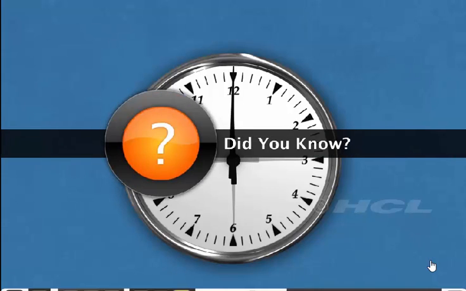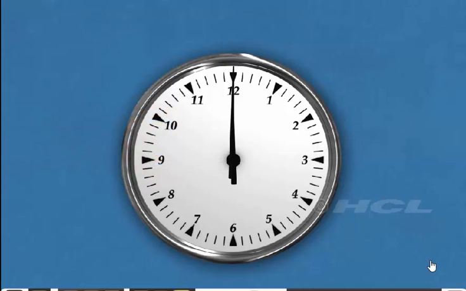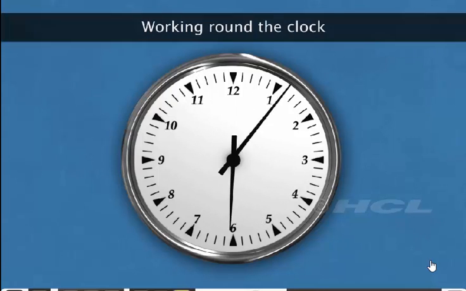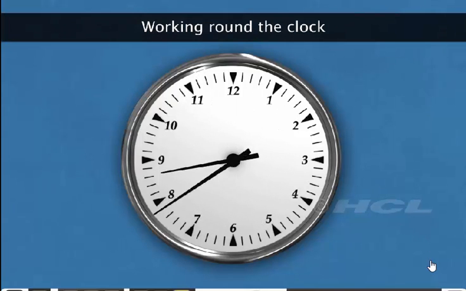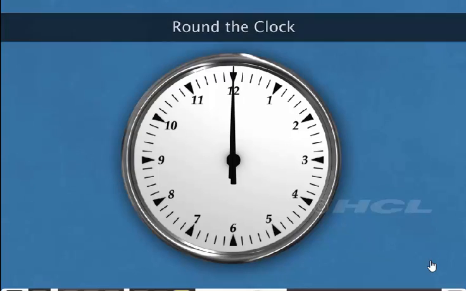Do you know how the phrase "working round the clock" came into being? Each hand of a clock goes through a complete revolution in 12 hours. Therefore, if somebody works for 12 hours non-stop, he is said to have worked round the clock.